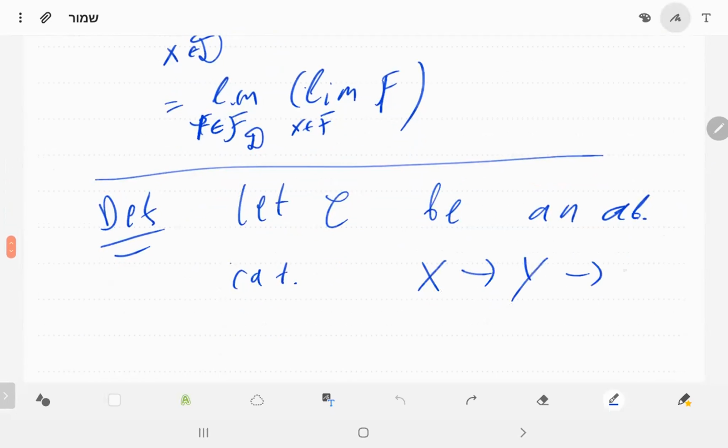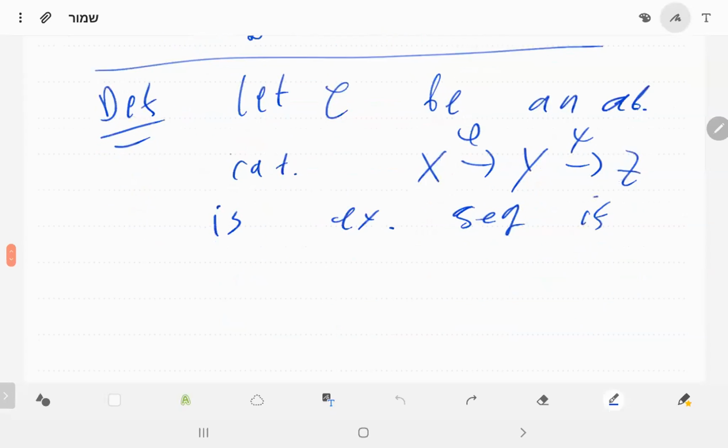A sequence X, Y, Z, with maps phi and psi, is exact if image phi is equal to kernel psi. When I write equal, I can mean just isomorphic in the over category of Y, because they both map to Y. In fact they are both sub-objects in Y, so I can think about image phi as a sub-object in Y and the kernel psi as a sub-object in Y. So I call the sequence exact if I have such an equality.